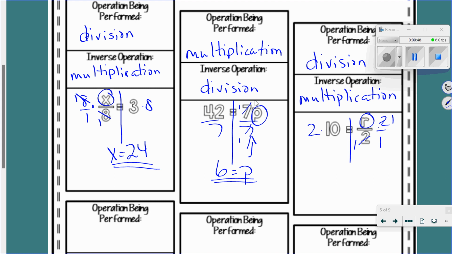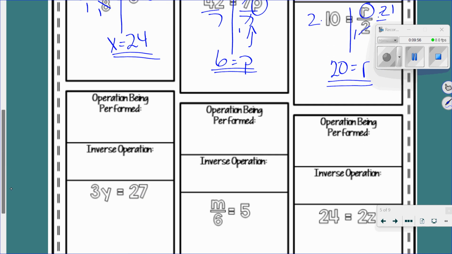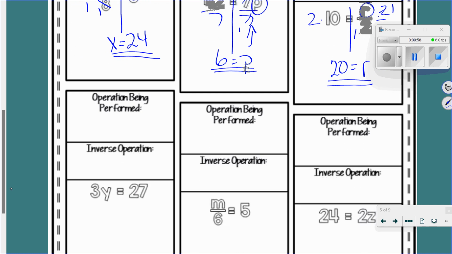That's it. If you reversed it, R equals 20 would still count. But I like to keep it all in order to help me keep everything straight.